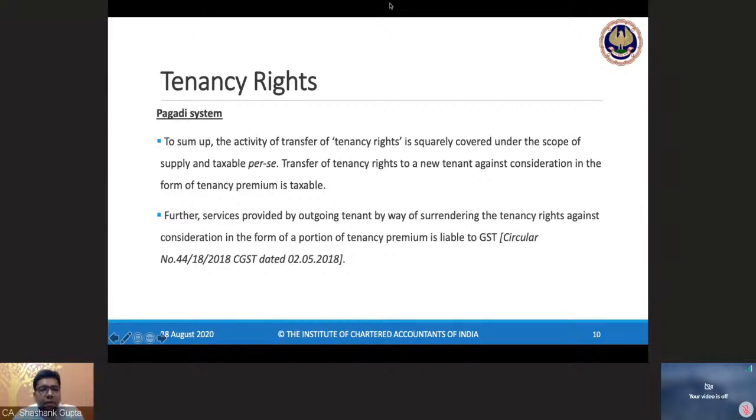Okay, so there are certain queries. Hiba Khan is asking, how can Gambhir issue invoice in his name when he doesn't own the goods?